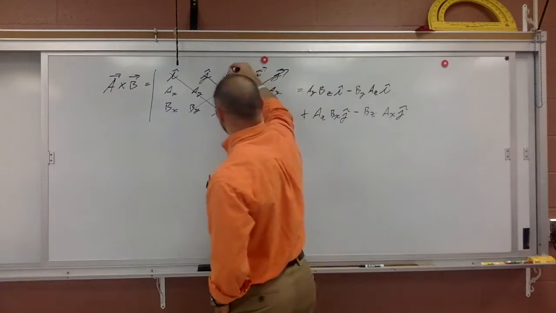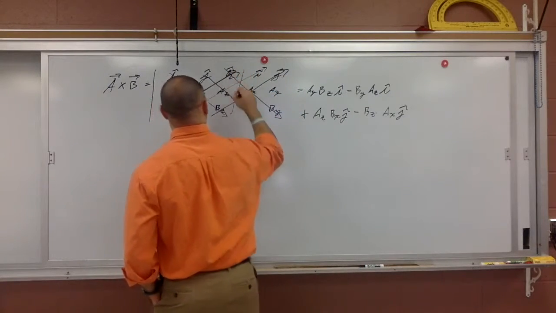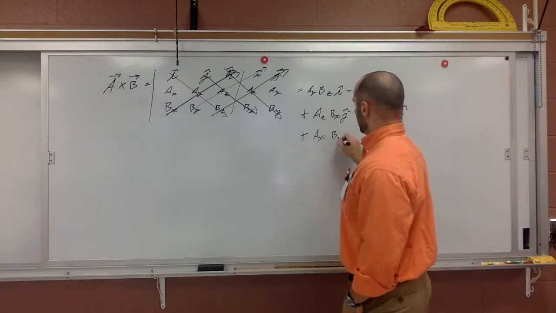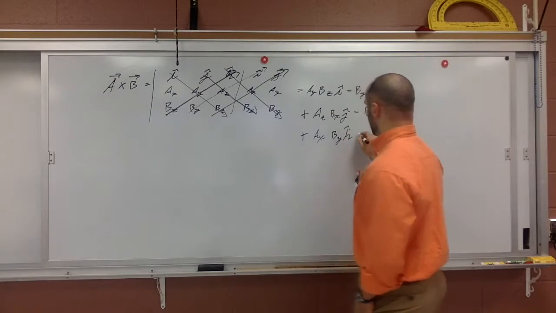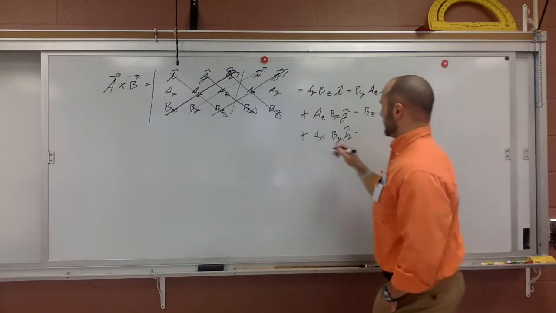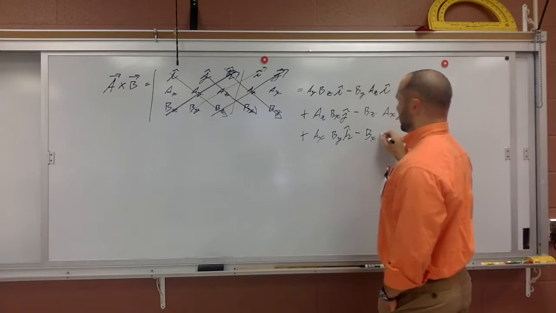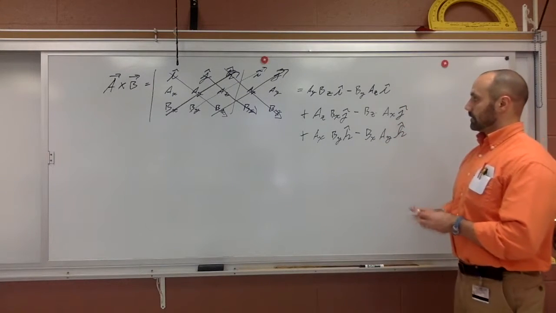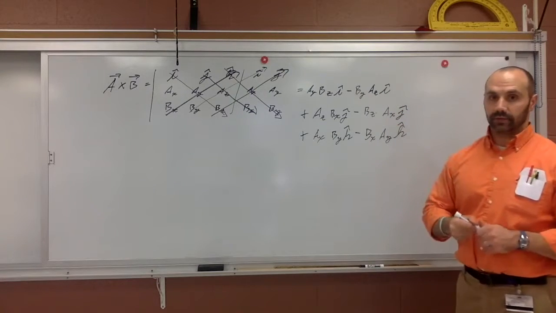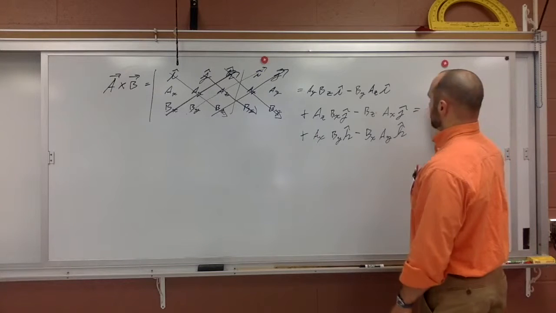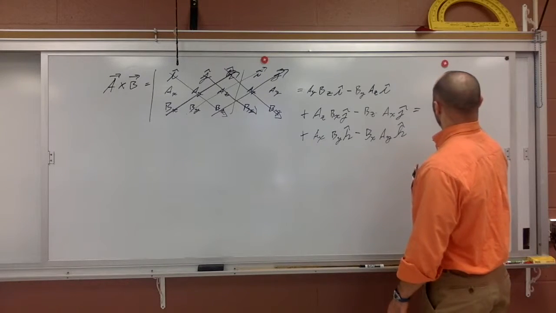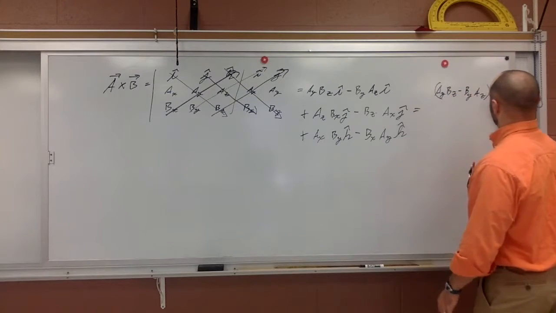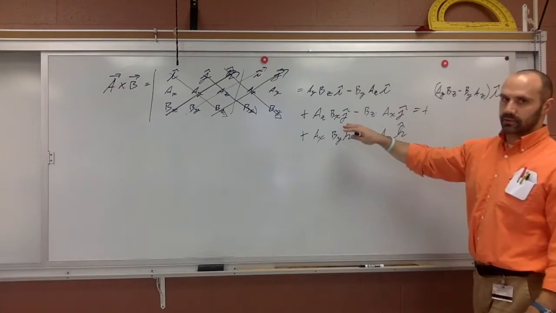And then for K, again, same kind of thing. We go down this way, and then up this way. So this is plus AX BY K minus, I go this way, BX times AY K. And then when I put these together, I get my new vector, and it's going to look kind of like this. AY BZ minus BY AZ I plus, and this is not a new matrix, by the way.